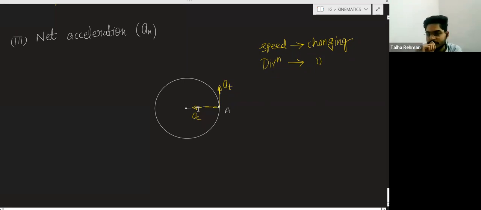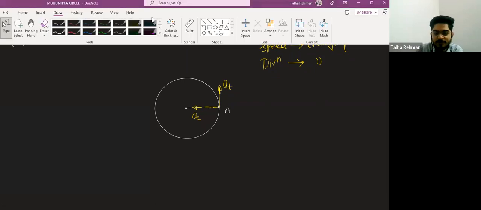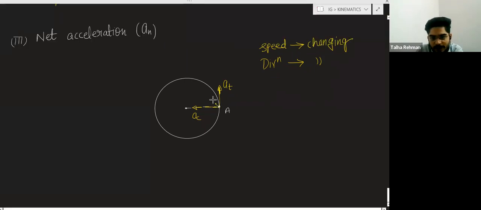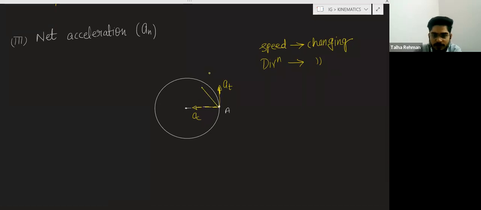Okay, so for calculating the total acceleration, you will add both accelerations vectorially, because acceleration is a vector quantity. So in this direction, suppose, you will get your net acceleration.